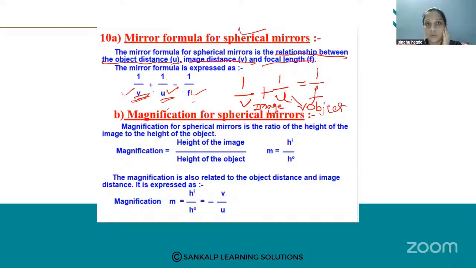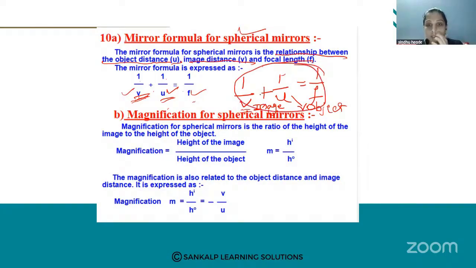This is the formula for spherical mirrors. This is called the mirror formula for spherical mirrors. So remember it. It's very, very important. Again, they ask some problems related to this formula.